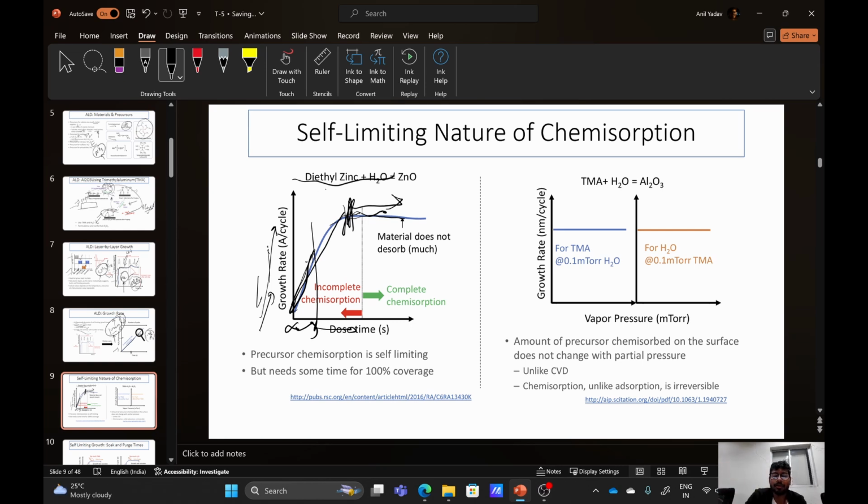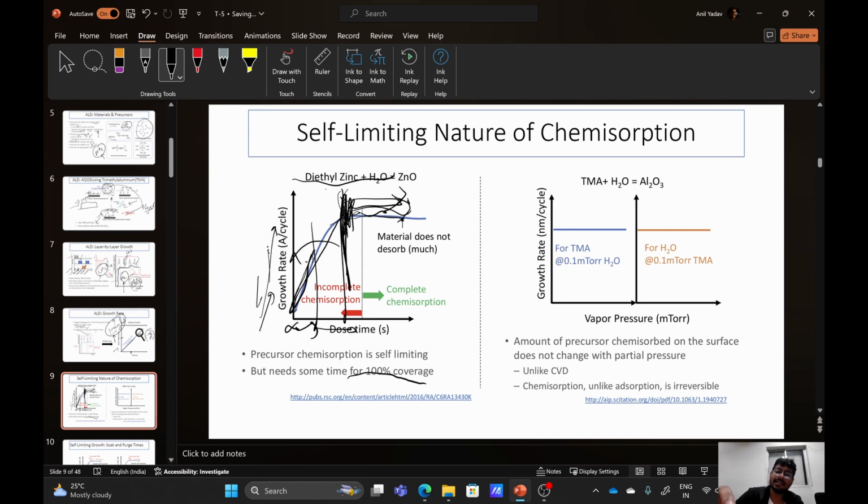Why should it be 100% coverage? Below this point it is less than 100%, after this point it is 100%. So the typical dose time should be above this point.